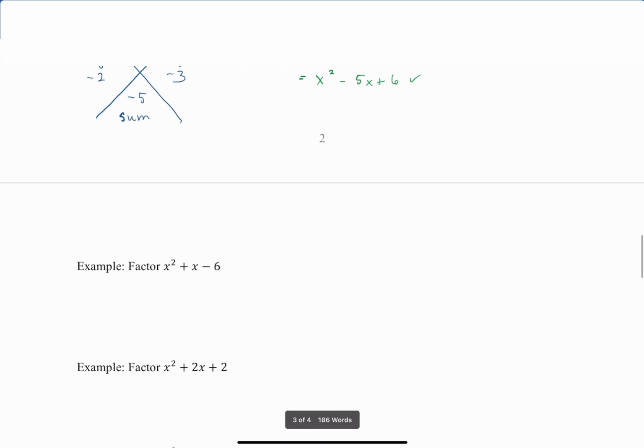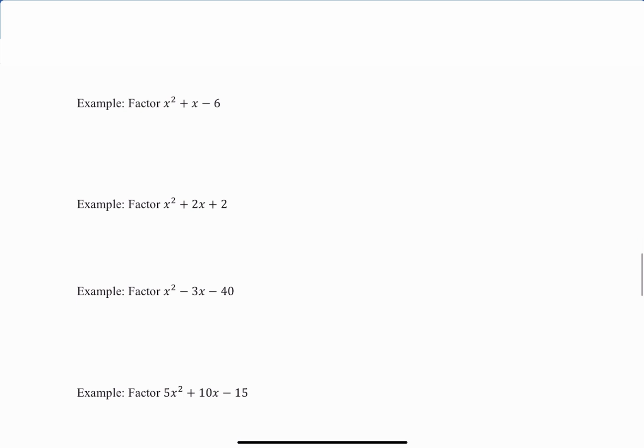Let's try another one. Let's try factoring x squared plus x minus 6. So I'm going to have parentheses with my variable at the beginning. What goes in there with the variable? Well, I need to find two numbers whose product is negative 6 and that add up to the coefficient on the x term, which in this case is the invisible 1.